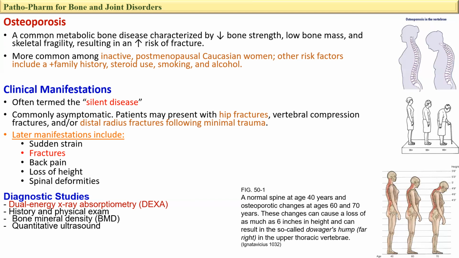That's why diagnosis needs continuous evaluation. And one of the evaluations that is recommended is a DEXA, the dual energy X-ray absorptiometry, and the DEXA is the gold standard to diagnose patients with osteoporosis.